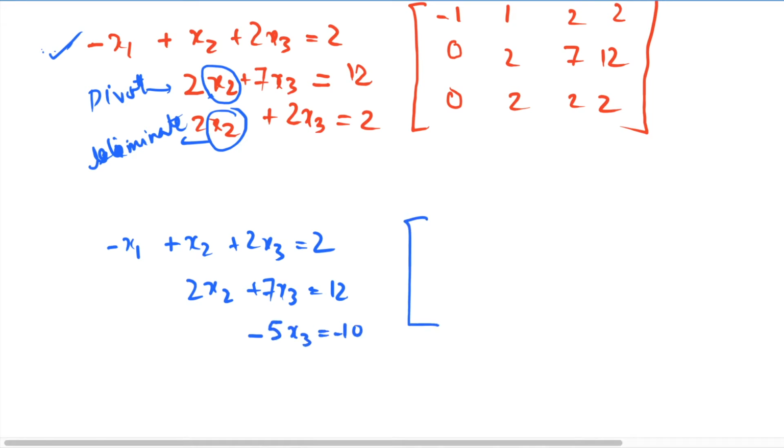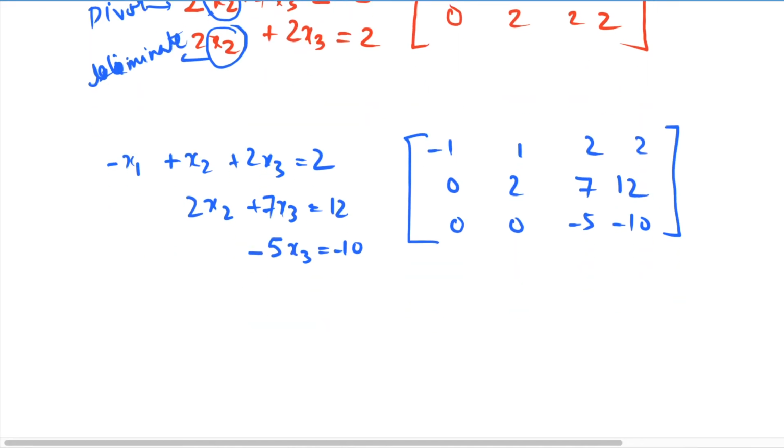The corresponding augmented matrix here would be minus 1, 1, 2, 2, and this becomes 0, 2, 7, 12, and this third row becomes 0, 0, minus 5, minus 10.